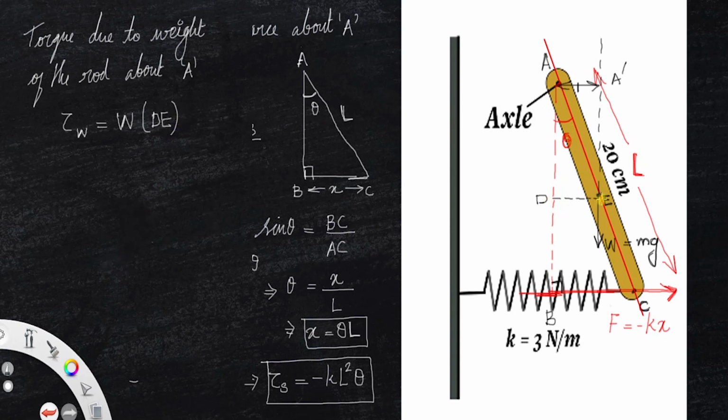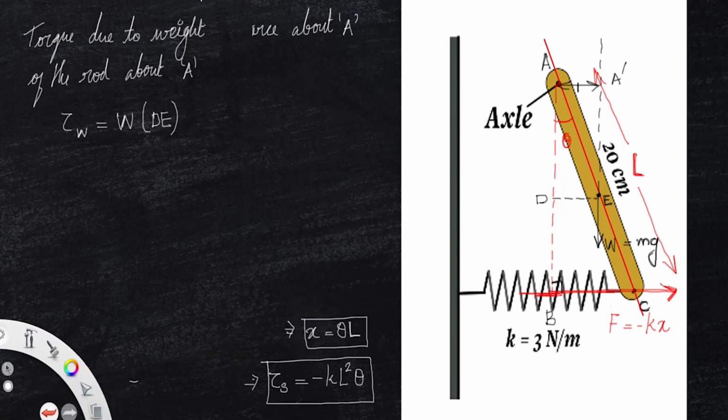Now we need to find the value of DE. For that, let us consider this triangle ADE. Again, this angle is 90, but this length AE will be half the length of the rod, because E is the exact center of AC. And we can take this angle as theta.